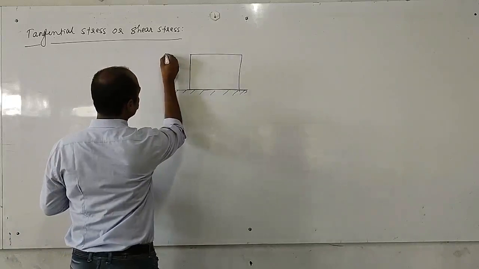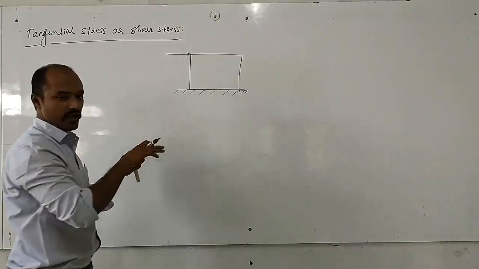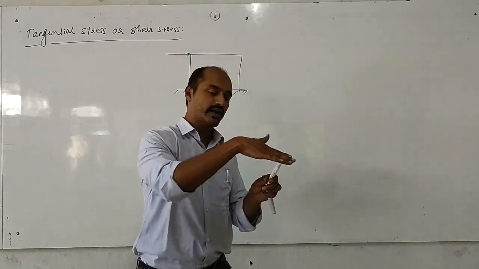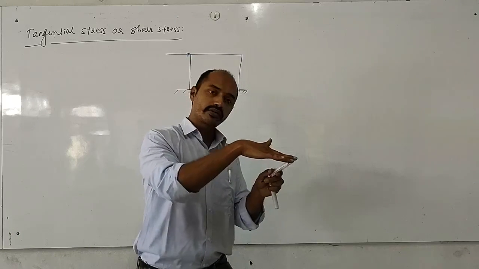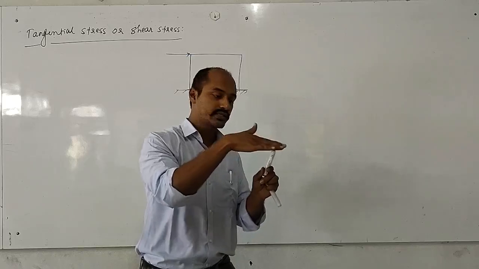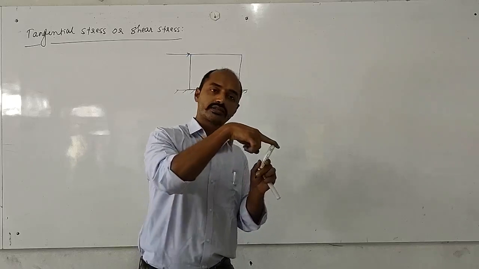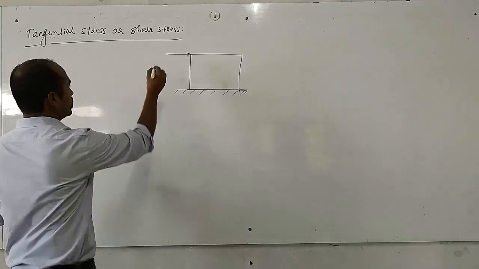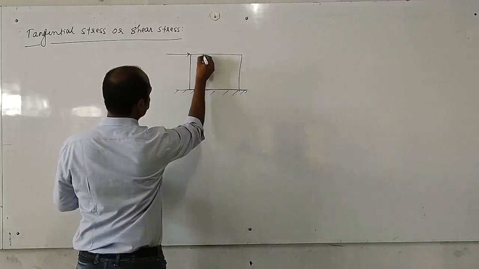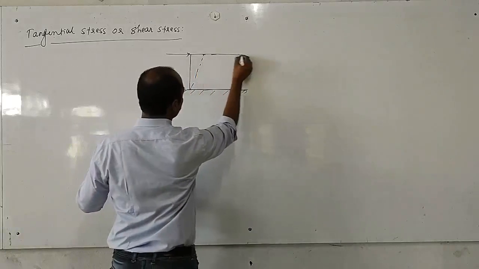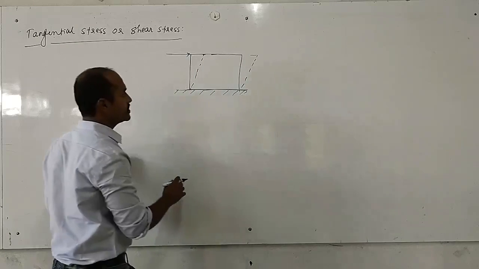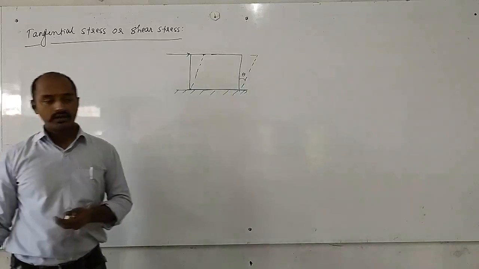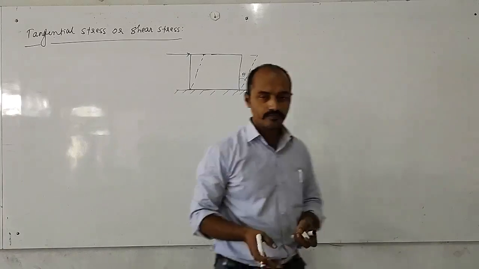If I apply a force on this surface, a tangential force, like this, tangent to the surface, due to this tangential force the body changes its shape. Here it is theta, right? Body changes its shape.